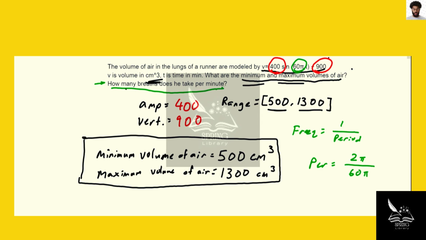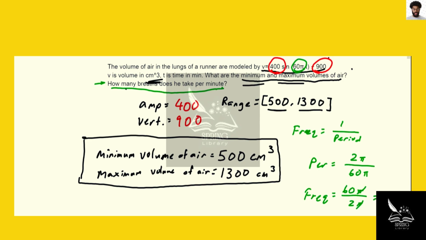However, we are looking for frequency here, and since the frequency is the reciprocal of the period, we could really just flip this fraction over. So frequency is going to equal 60 pi over 2 pi. The pi's cancel, and we get 30.